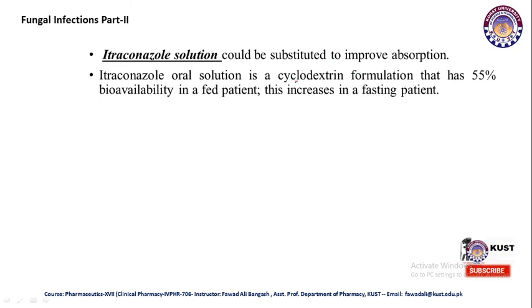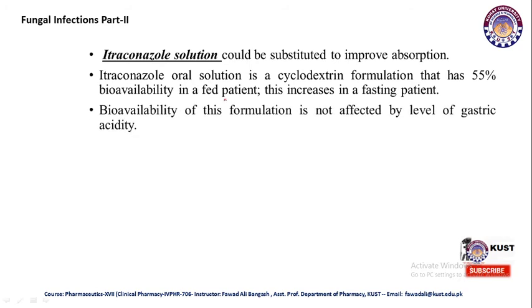Itraconazole oral solution is a cyclodextrin formulation that has 55% increased bioavailability in the fasting patient compared to the fed patient. So the bioavailability of this formulation is not affected by the level of gastric acidity.